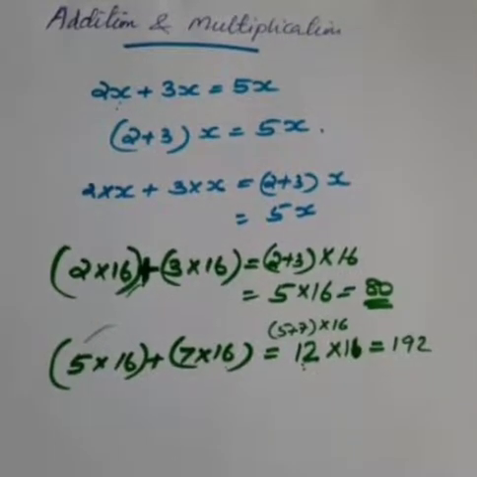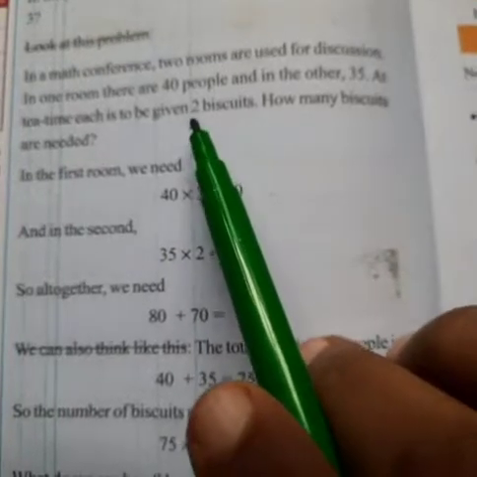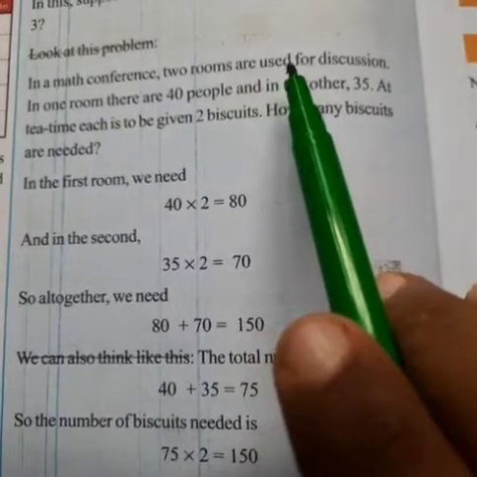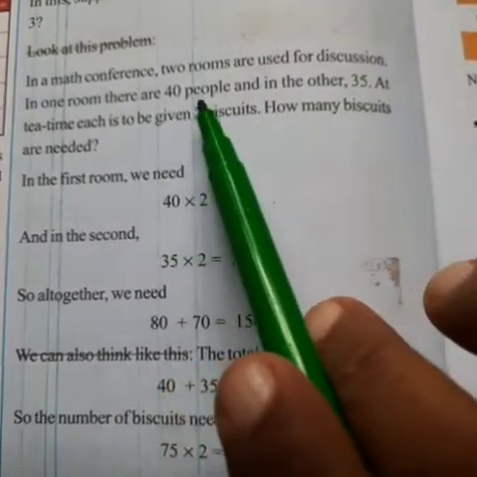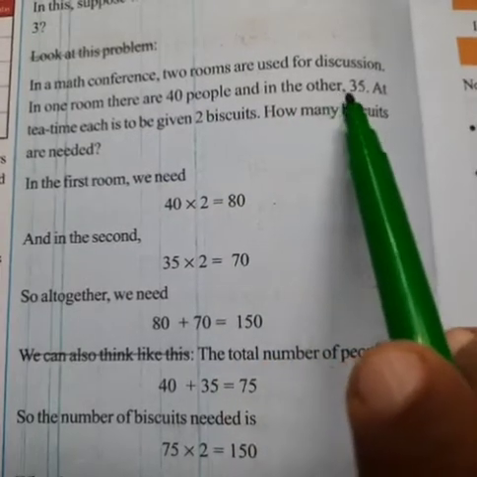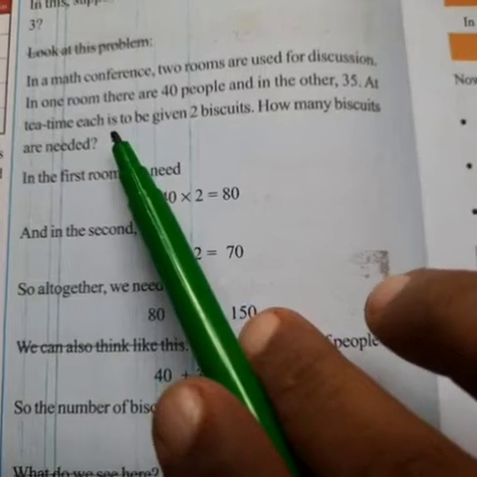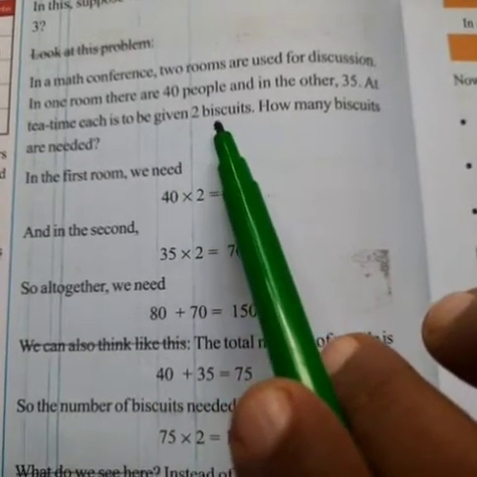See the question from page number 46. In a maths conference, 2 rooms are used for discussion. In one room there are 40 people and in another room it is 35. At tea time, each is to be given 2 biscuits.